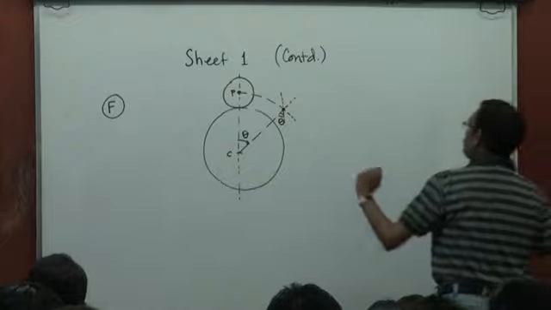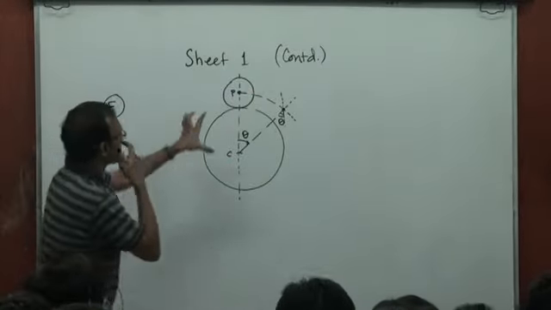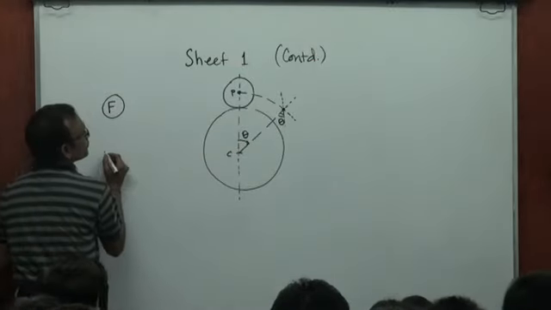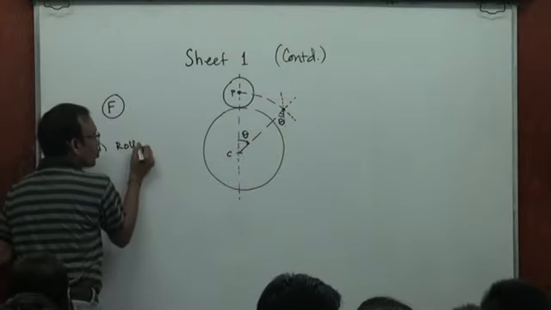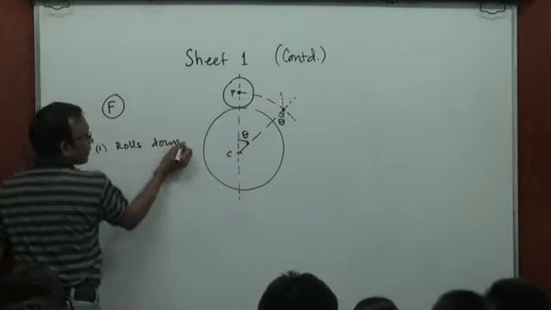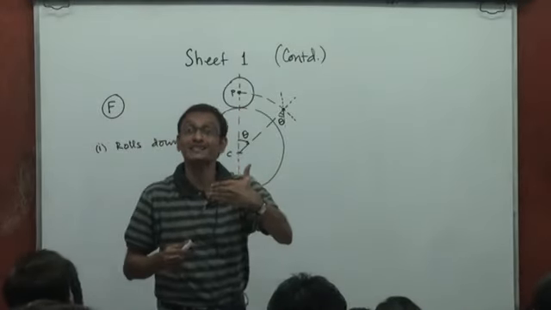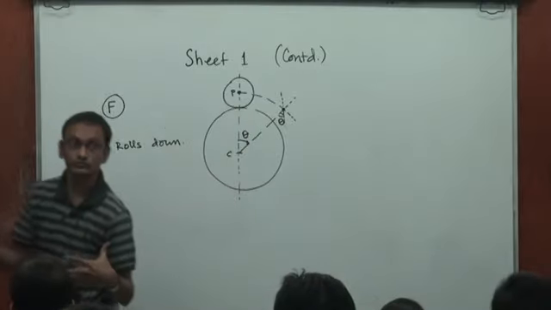Now, a few basic things about the motion of the smaller sphere. One, the fact that it rolls down means the frictional force between the smaller sphere and the larger sphere is static in character. F is F static.